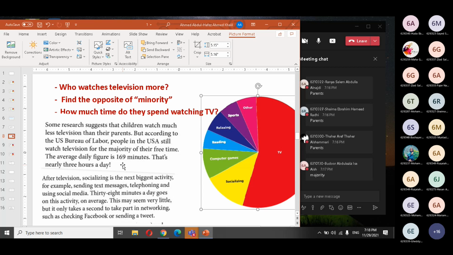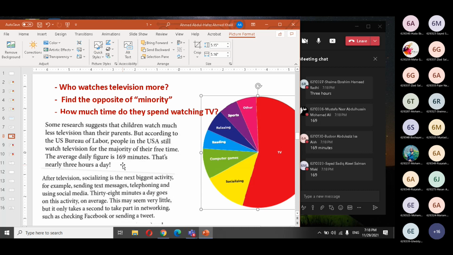How much time do they spend watching television? 3 hours. 169. Yes. 3 hours a day. Yes, as Shema wrote 3 hours, Mustafa wrote 169, both are correct. So it can be, yes, Budur, exactly 169 minutes or nearly 3 hours a day.